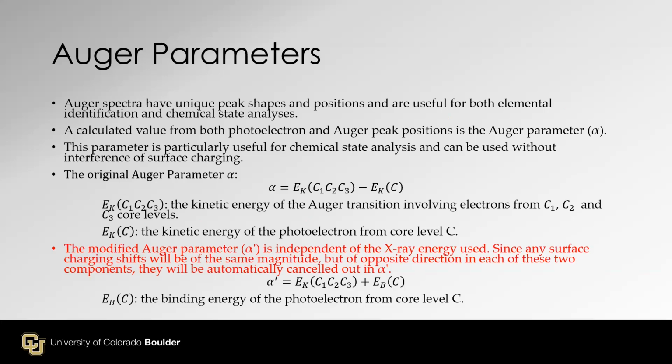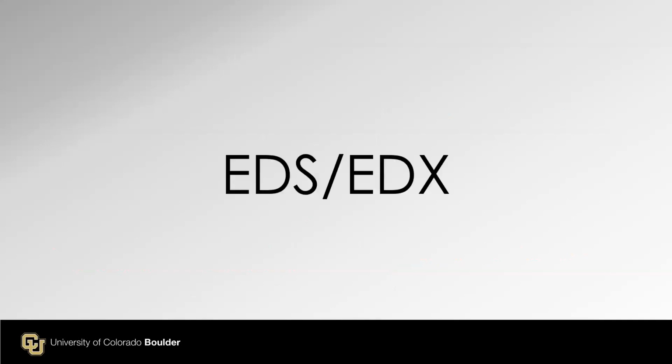It's useful. Okay. I don't know how popular this method is, but there's an established procedure for using the combination of Auger peak locations and photoelectron locations, trying to get more accurate chemical state information from there.